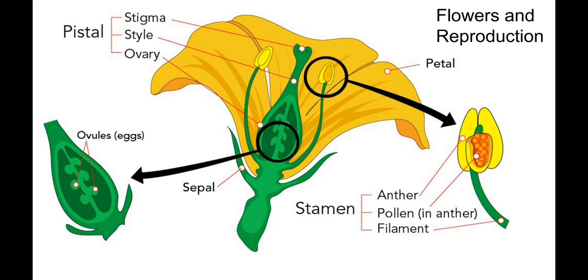And the female part has pistil, and pistil consists of stigma, this is the upper part of the pistil, style, and ovary. Ovary may have a few eggs, few ovules, sometimes one.